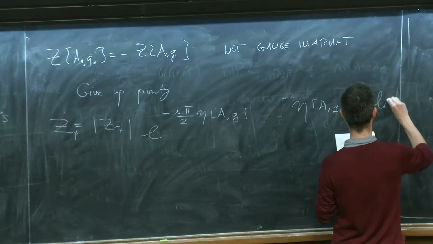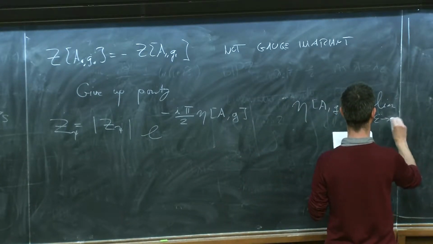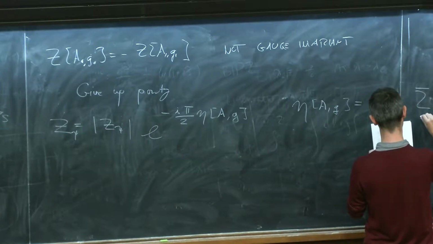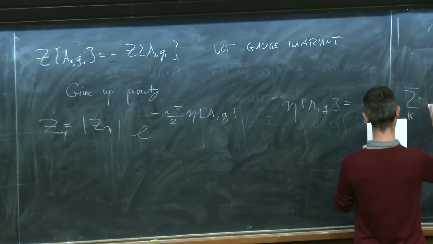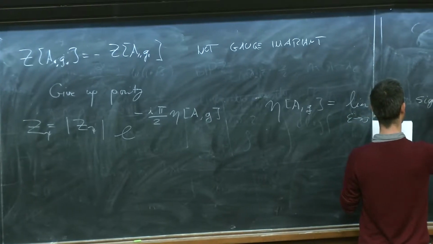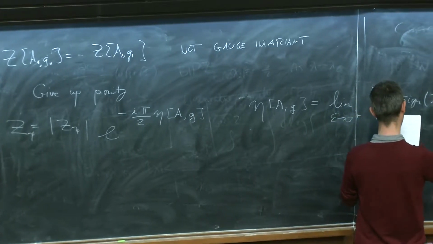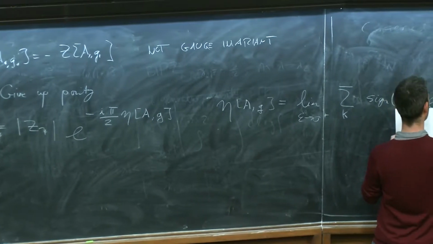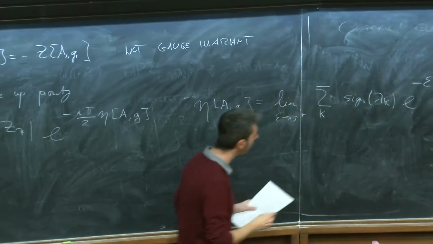And so, for instance, we could take the following. Let me first write it. So it's the limit, epsilon to 0 plus, of the sum over k, sign lambda_k, e to the minus epsilon lambda_k squared.